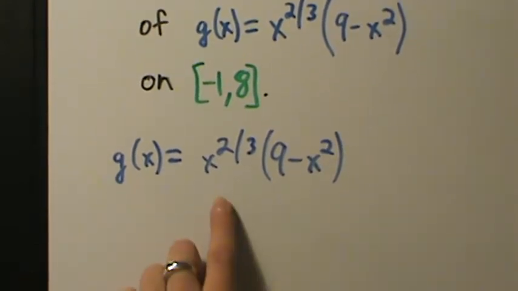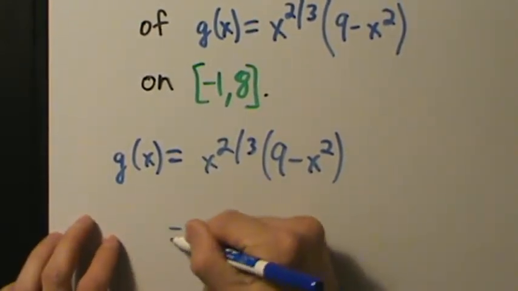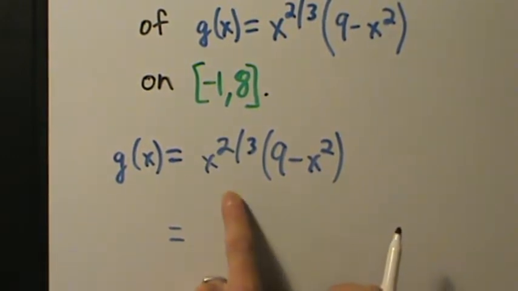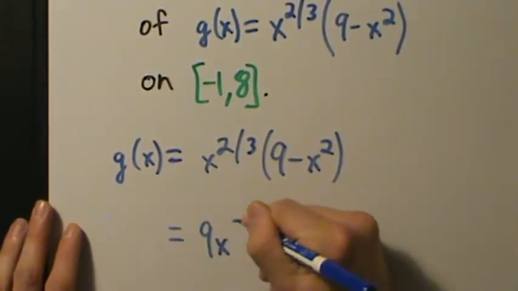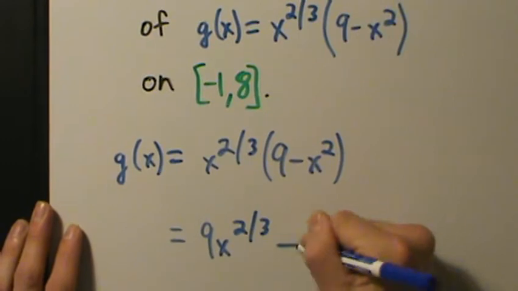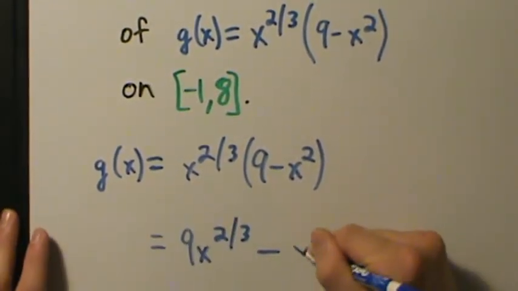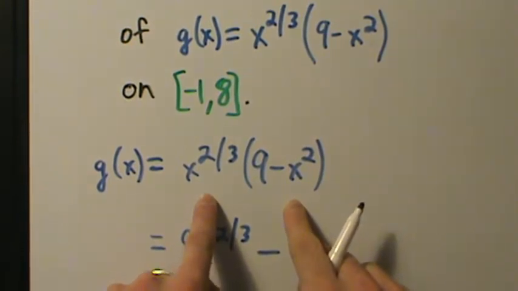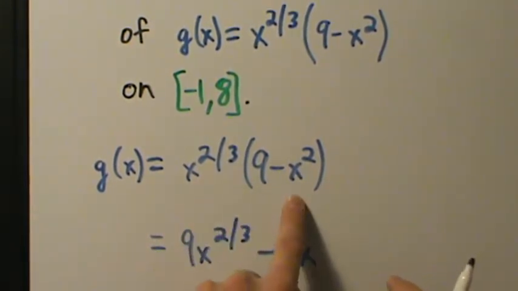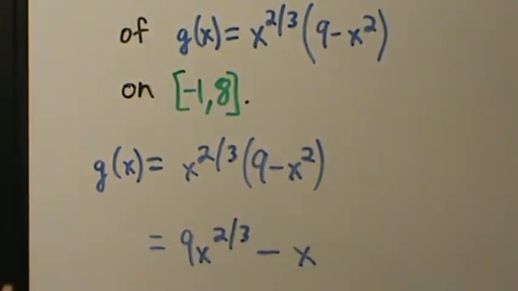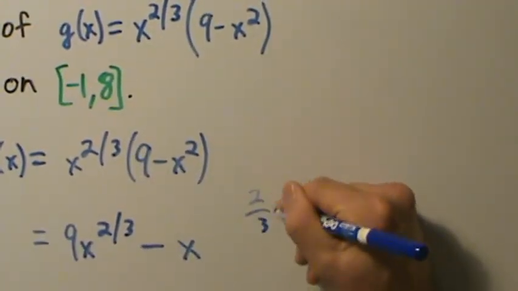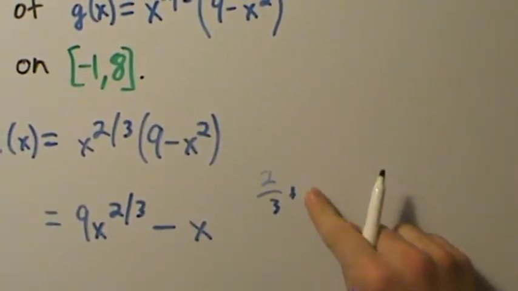So if we distribute this x to the 2/3 into here, then this is going to be 9 times x to the 2/3, and then minus x to the 2/3 times x squared. So remember, if you have the same base, you just add the exponents, right? So x to the 2/3 times x squared is x to the 2/3 plus 2. Remember, 2 is 6 over 3, right?